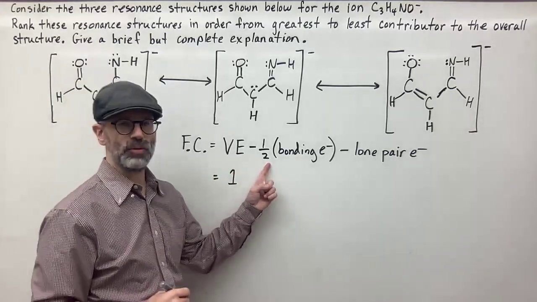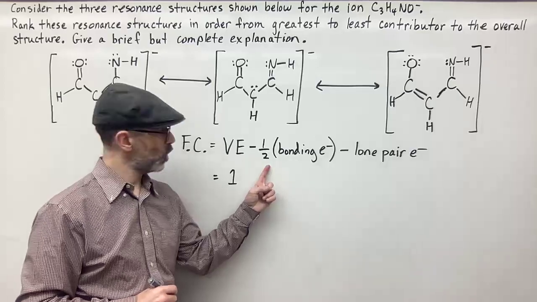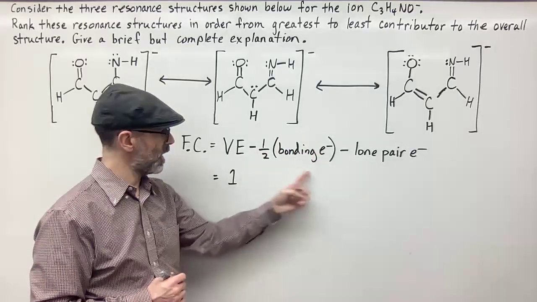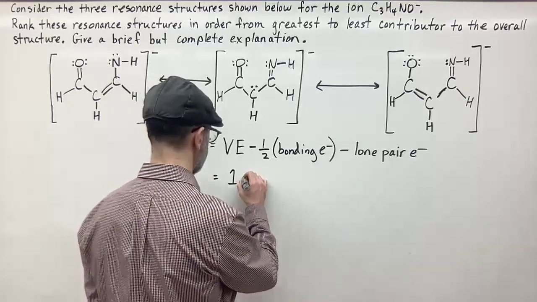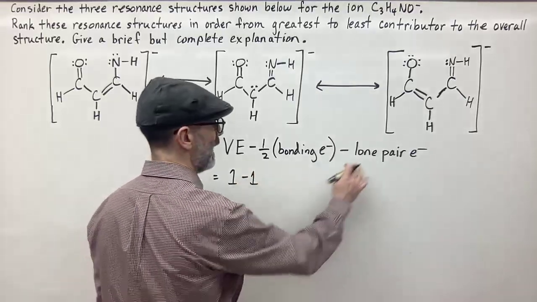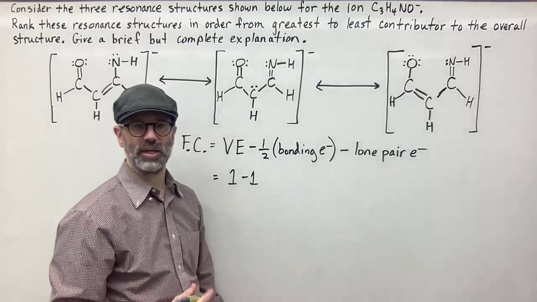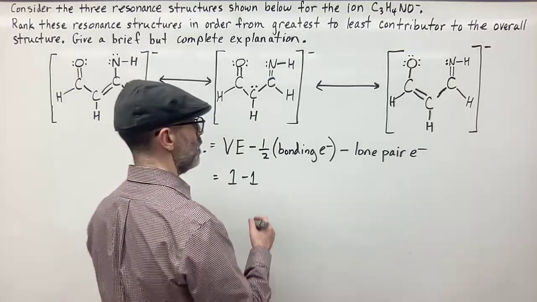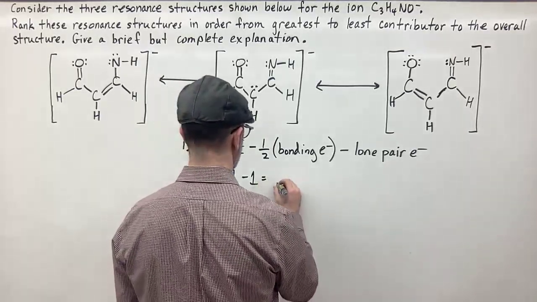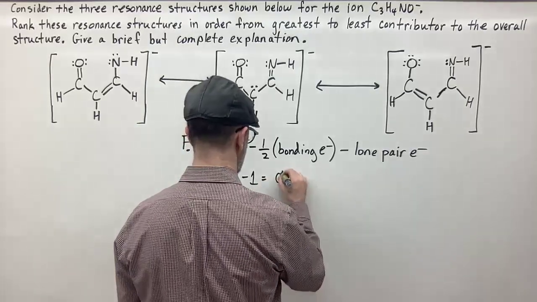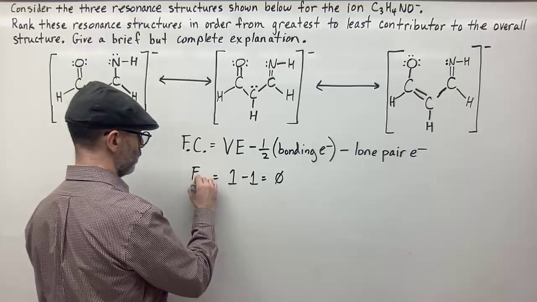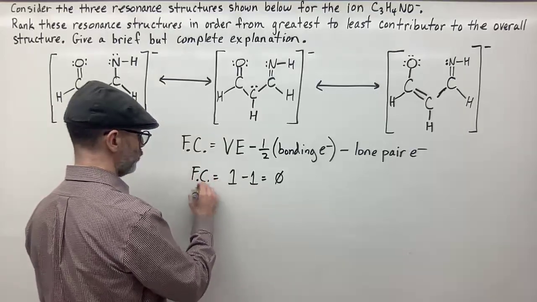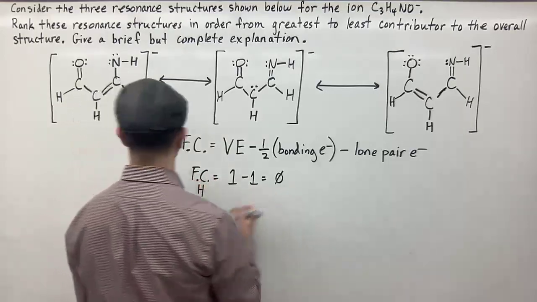It forms 1 bond, so that's 2 electrons in the bond. Take half of that, that's 1. So you're subtracting out 1 electron for the 1 bond. And none of the hydrogens have lone pairs. So that's going to be equal to 0. So the formal charge for hydrogen is going to be 0.